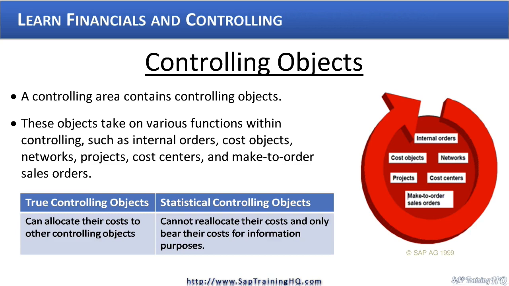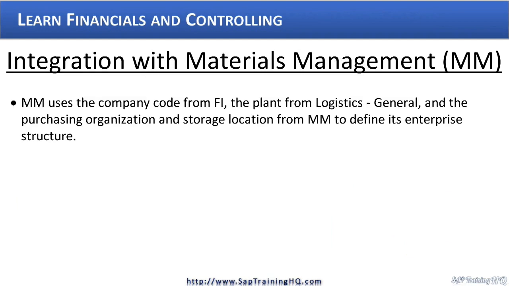Let's have a look at how financial accounting integrates with materials management. Materials management, MM, uses the company code from financial accounting, FI, the plant from logistics, general, and the purchasing organization and storage location from materials management to define its enterprise structure.